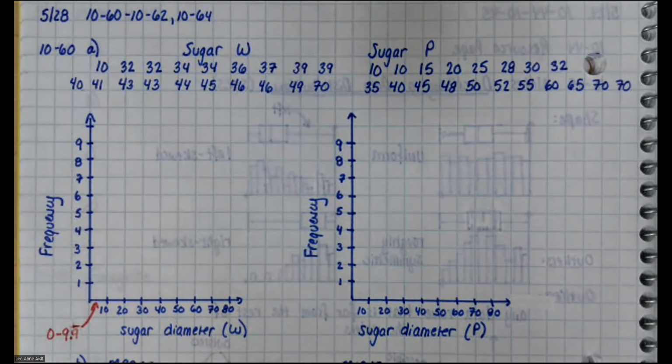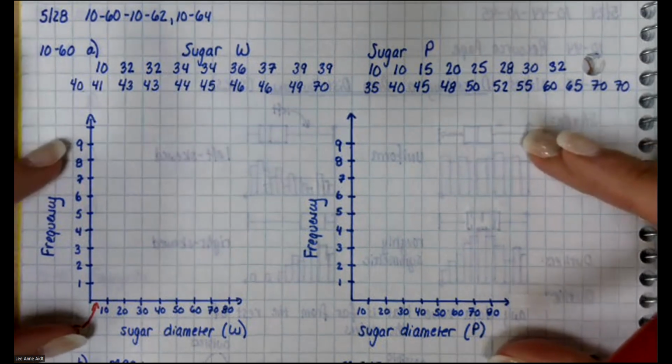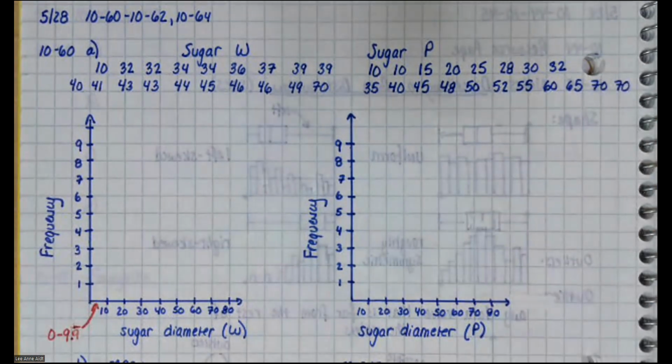Anyway, okay. What our goal is on these two problems. Let me show you the book real quick so that you can see the context of what it's saying. A biologist is trying to determine which sugar is more successful in growing a particular cell. Can you tell me how to pronounce this? Nice. So she collected the data below and the diameter in micrometers.